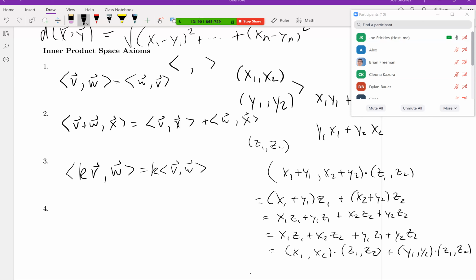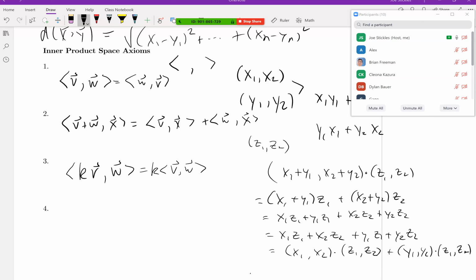That's not something that's unusual for us to be able to pull scalars out. Notice that this is pulling the scalar out of one component. You can imagine that it should be able to pull out the scalar out of the second component. We'll come back to that property in a minute. But notice that if you pull out a scalar from the first component and the second component, they would get multiplied together out in front in that case, because they come out one at a time.